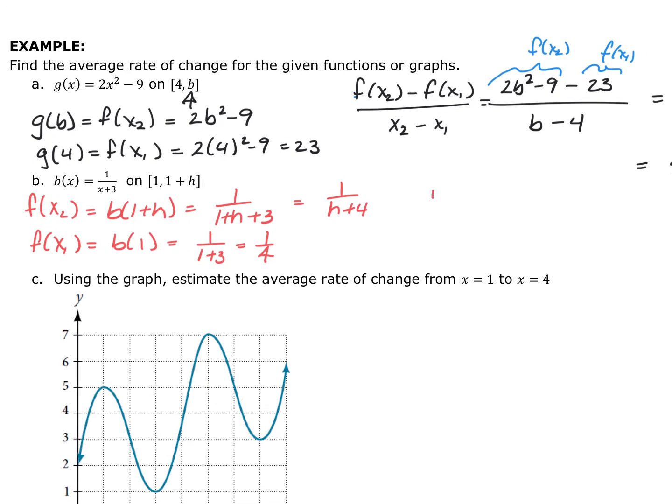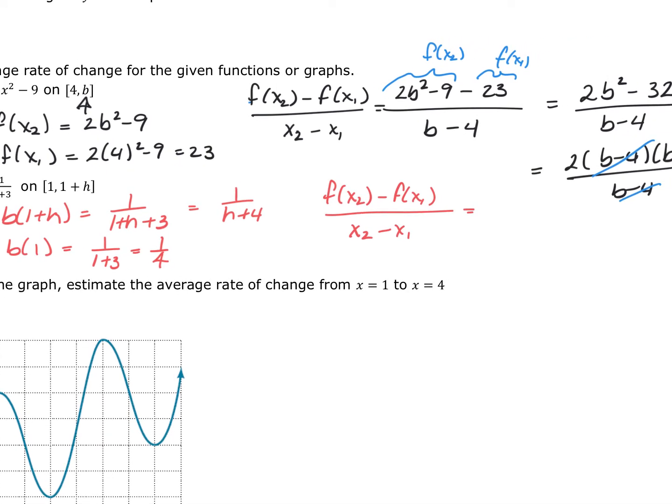Now, f of x sub 2 minus f of x sub 1 over x sub 2 minus x sub 1. This is going to be equal to, I'm going to have 1 over h plus 4 minus 1 over 4 all over 1 plus h minus 1. So in the denominator, that's easy. We just get h.